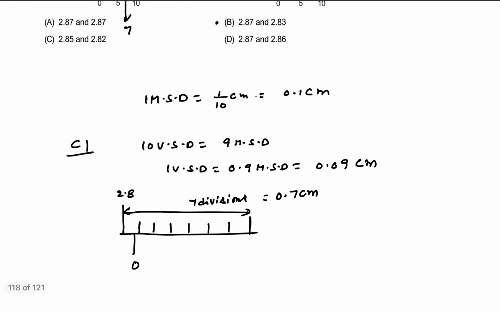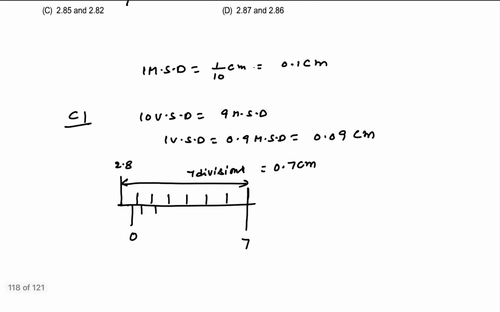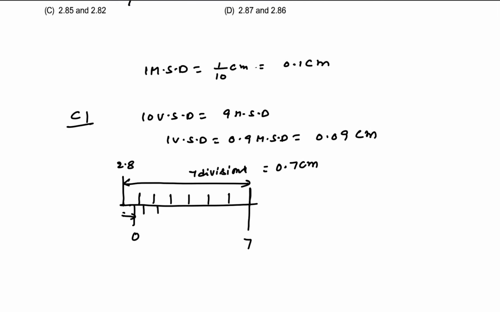Next, here how many divisions are there? Up to this, 7 divisions are there on the vernier scale: 1, 2, 3, up to 7. Now this is my reading. Actually, what is the reading? Tell me. The reading is 2.8 centimeters plus x.